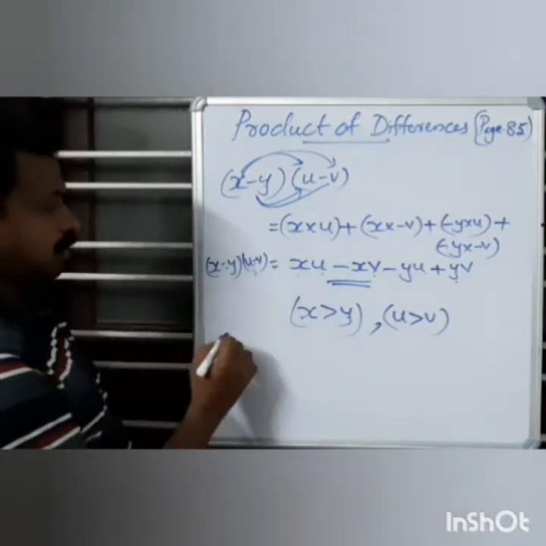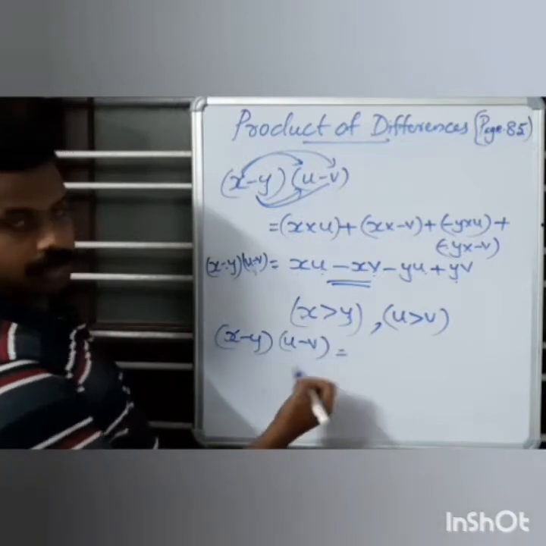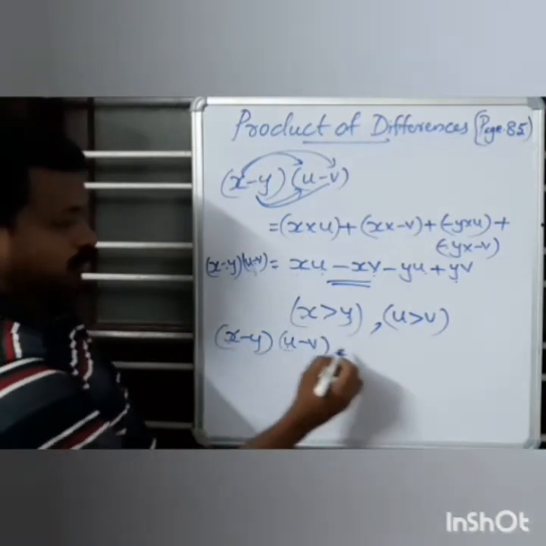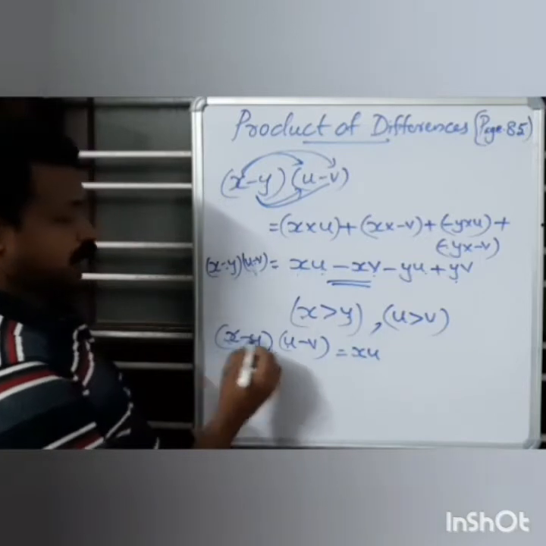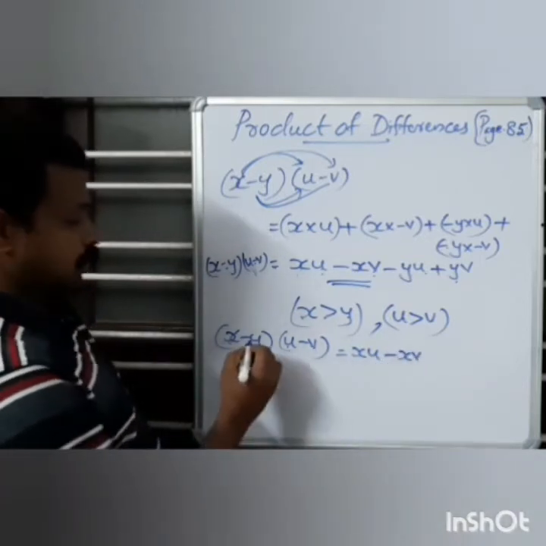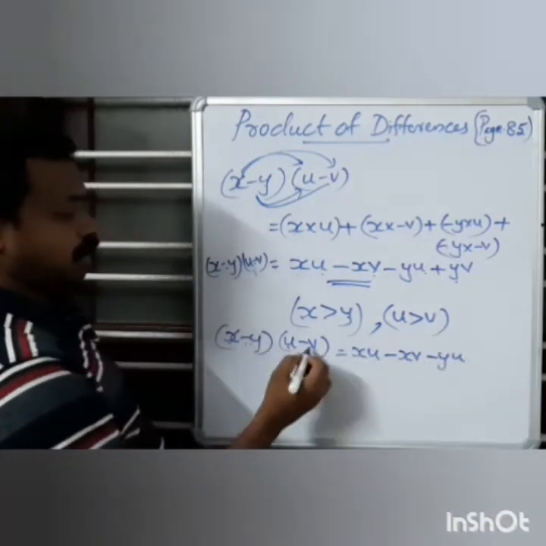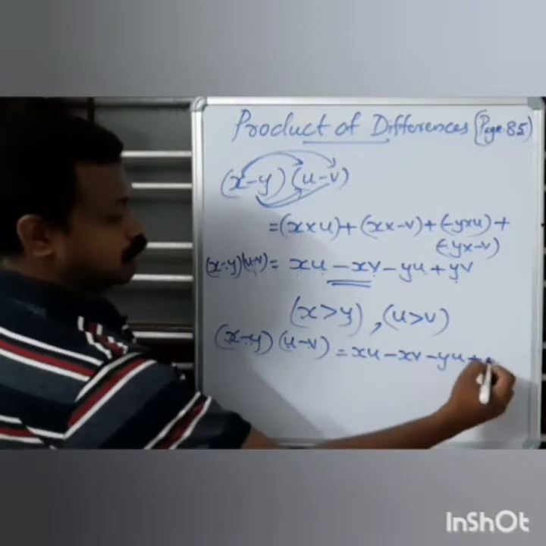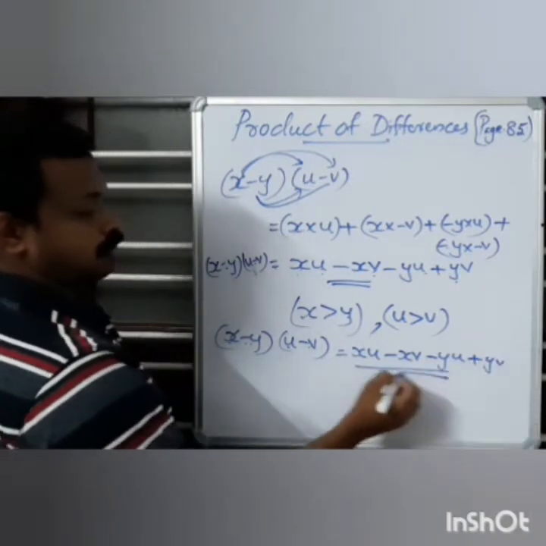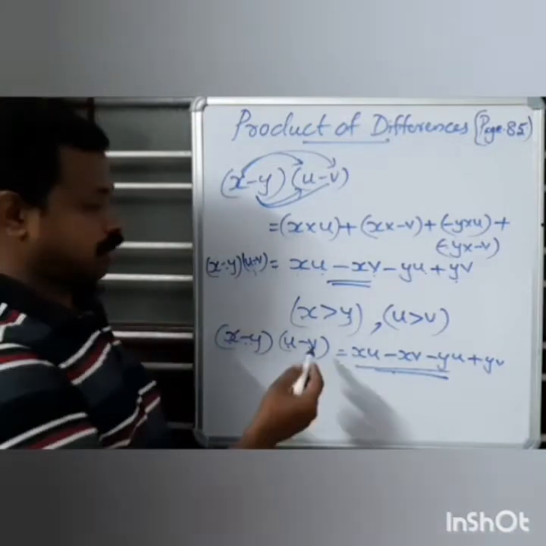See again, x minus y into u minus v, directly you can write x into u, xu, x into minus v, minus xv, minus y into u, minus yu, minus y into minus v, is plus yv. This is the general form of the equation.